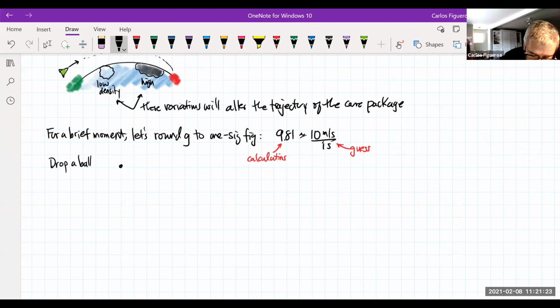Well, if you drop a ball from rest, what we do know is that that object is going to start to speed up. The question is, how does this thing speed up?